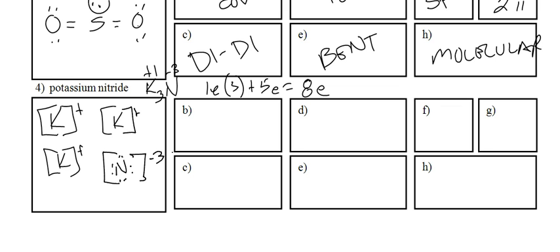So since each potassium lost 1 electron, and nitrogen only brought 5 electrons with it, we need 3 potassiums to make sure nitrogen gets its 8 electrons to have a -3 charge. So all these potassiums have +1 charges. This is an ionic compound. There is no VSEPR, so no VSEPR shapes involved here.